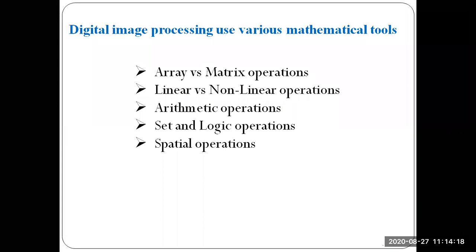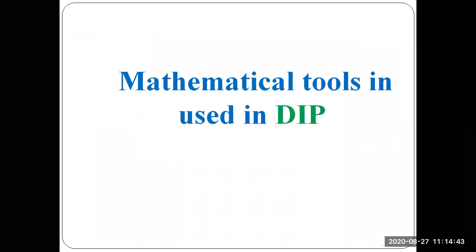Introduction to image processing we covered in the first class, fundamental steps and concepts in the second class, image sensing and acquisition and image sampling and quantization in the third class, and basic relationships between pixel values in the fourth class. Today is our fifth hour, and we have completed the mathematical tools used in digital image processing.